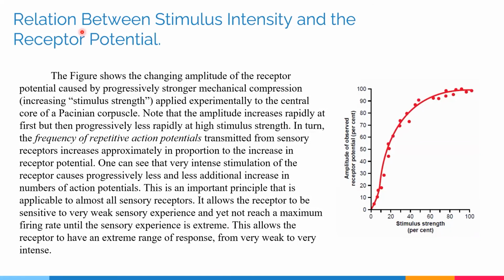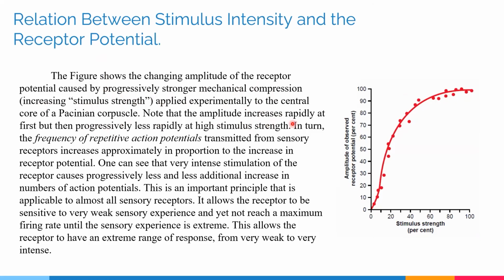Next, we look into the relation between stimulus intensity and the receptor potential. The figure here shows the changing amplitude of the receptor potential caused by progressively stronger mechanical compression, which is essentially increasing stimulus strength, applied experimentally to the central core of the Pacinian corpuscle.